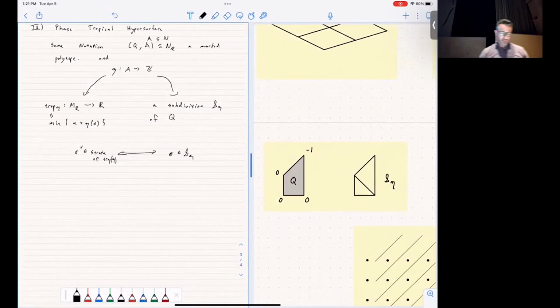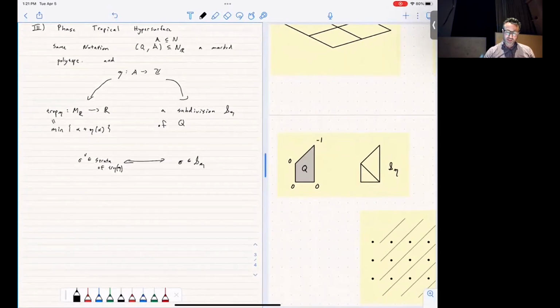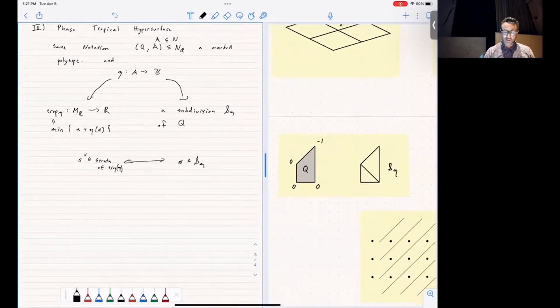This is the usual story for inducing subdivisions. I'm going to assume that I've chosen this eta rather generically, so I want this to be a triangulation in order to talk about this phase tropical picture.